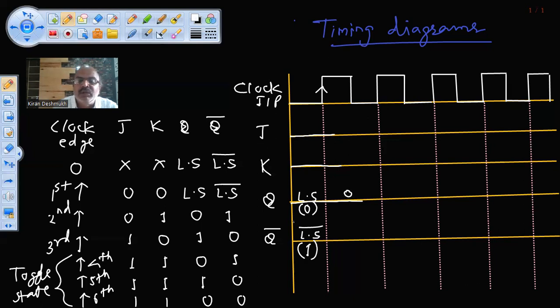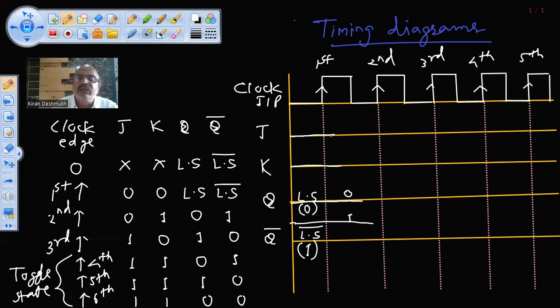And Q bar will remain in the high state, that is the 1 state. This is the first edge, first clock. This is the second. This is the third. This is the fourth. And this is the fifth clock. Okay. Now change the states.